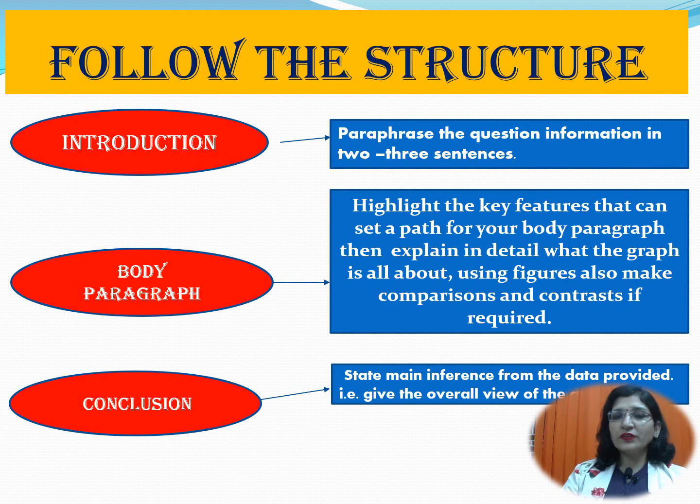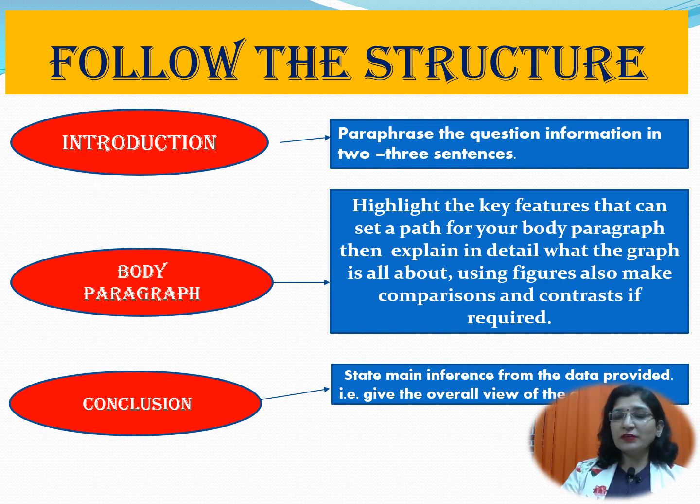Now here, one thing as a reminder I would like to tell you: though I have given you the structure that there should be an introduction, then the body paragraph and conclusion, which is basically the basic structure for any writing, don't forget, an analytical paragraph should be in one single paragraph. It has to be in a single paragraph.